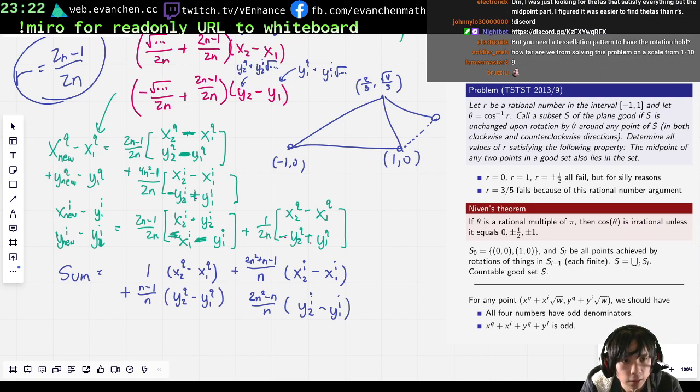xq plus yq is odd. But then the minus signs screw everything up. Actually, maybe they don't, because I'm... Not two, they won't. Not two, they won't.